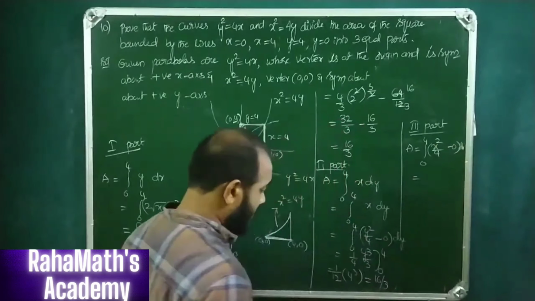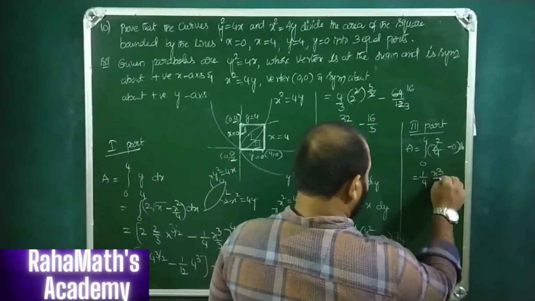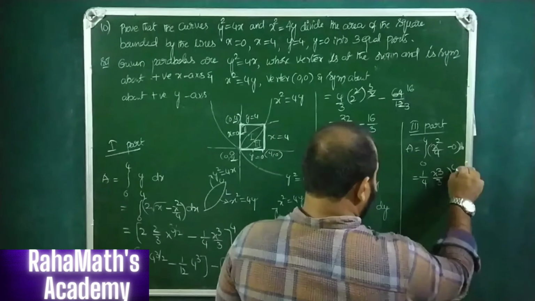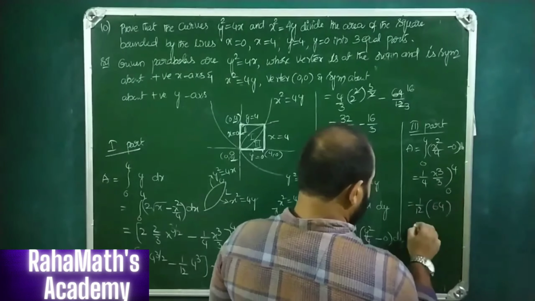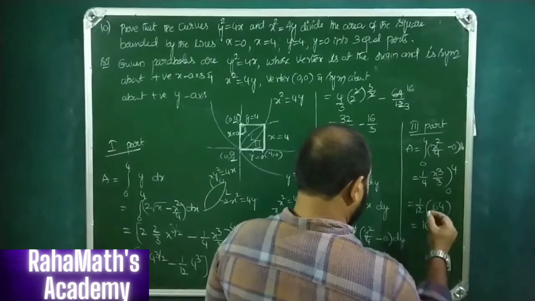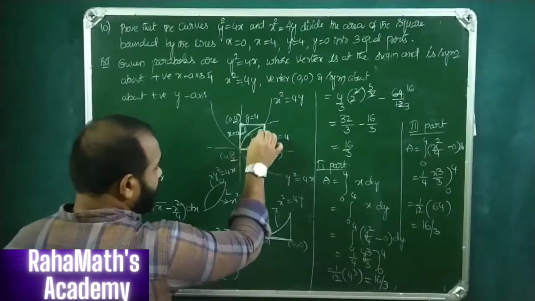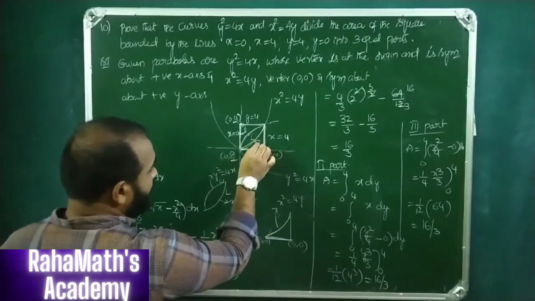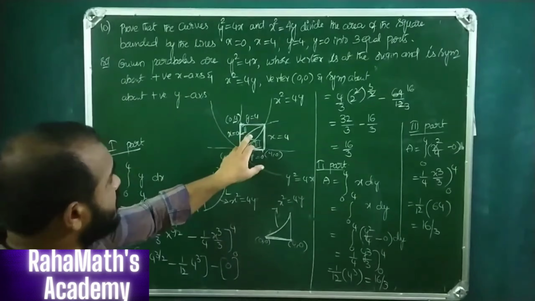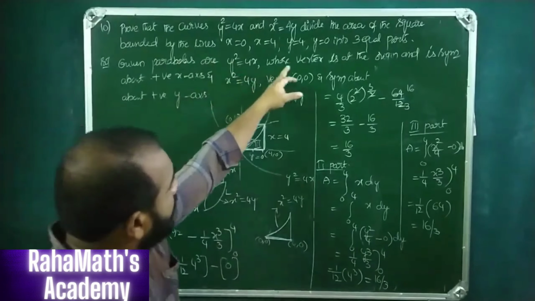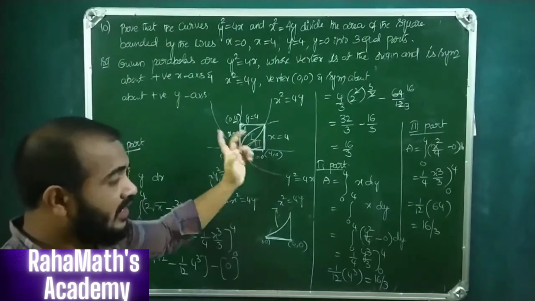Here also we will get the same 1 by 4 into x cube by 3. The process is over, 0 to 4. 4 3s are 12. X cube is 4 cube, 64. So this is also 16 by 3. So if you see, this is 16 by 3, this is 16 by 3 and this is 16 by 3. Therefore, the square divides this into 3 equal parts.